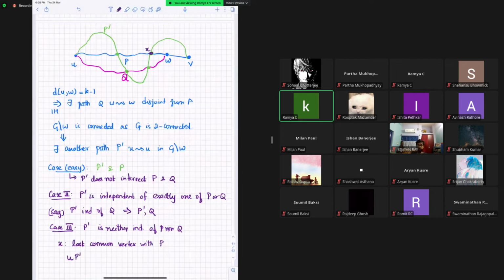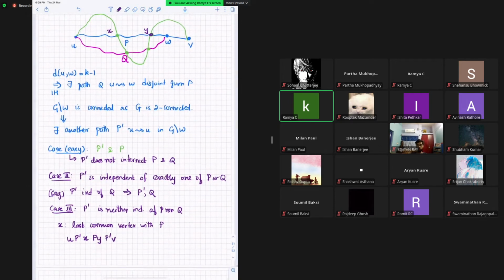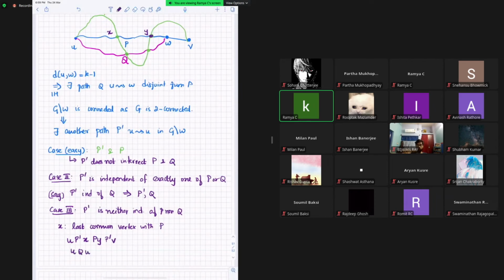So you go to U, then use P prime, reach X, use P, then this last common vertex, let's call it Y, and then you use the path P prime and reach P. The other path is U, Q, W. So there are two paths, and these two paths are clearly vertex disjoint.